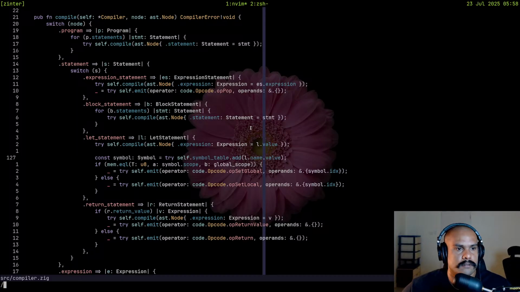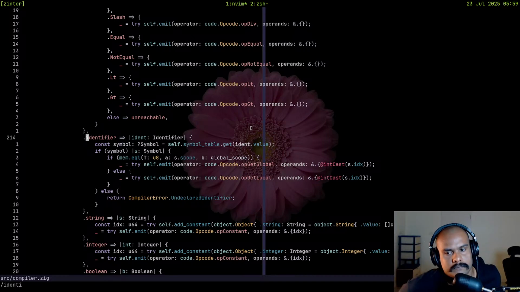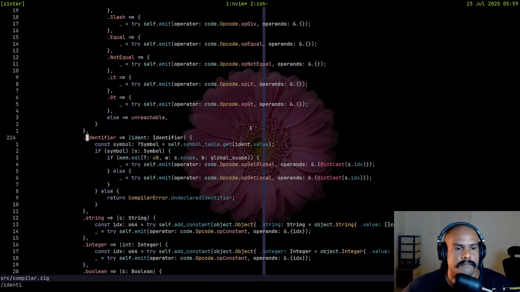Oh yes. Identifier. I need to add it to the symbol, then emit get local.